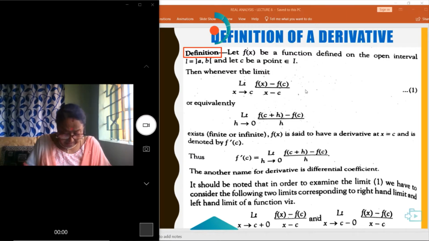So f dash c can be written as the limit as h tends to 0 of (f(c plus h) minus f(c)) by h.